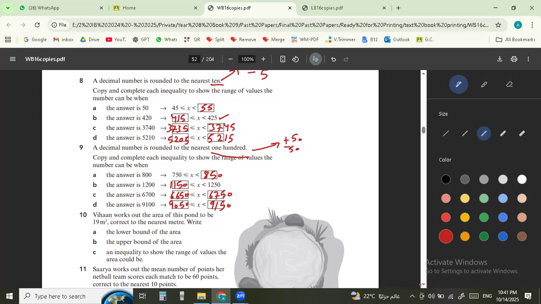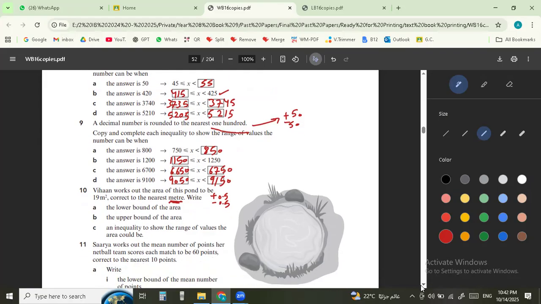Someone works out the area of this pond to be 19 meters squared correct to the nearest meter. Nearest meter means what? Nearest whole number. This is the meaning of the nearest meter in this case, because this is 19 meters squared. So nearest meter is the nearest whole number. So to the nearest meter, that means I'm going to add or subtract 0.5.